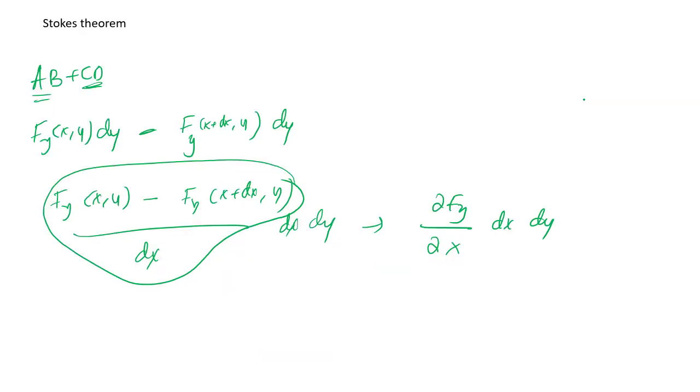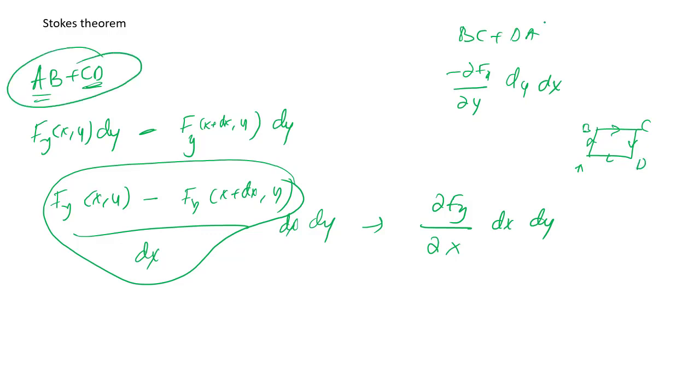So there I would essentially get minus dou fx by dou y, dy dx. This is for BC plus DA. So we have ABCD, right? ABCD. So this is for AB plus CD, and this is for BC plus DA.